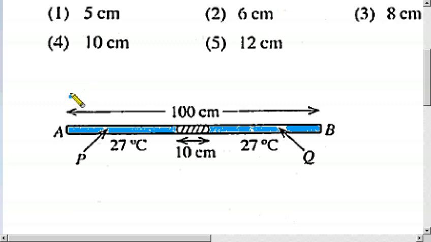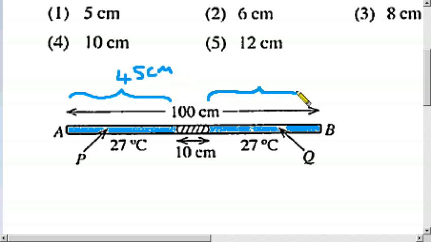So here the length of this air column is 45 centimeter and the length of this air column also is 45 centimeter, because how we got that value: the total length of the tube is 100 centimeter, so we have to subtract the length of the mercury column, that is 10 centimeters.